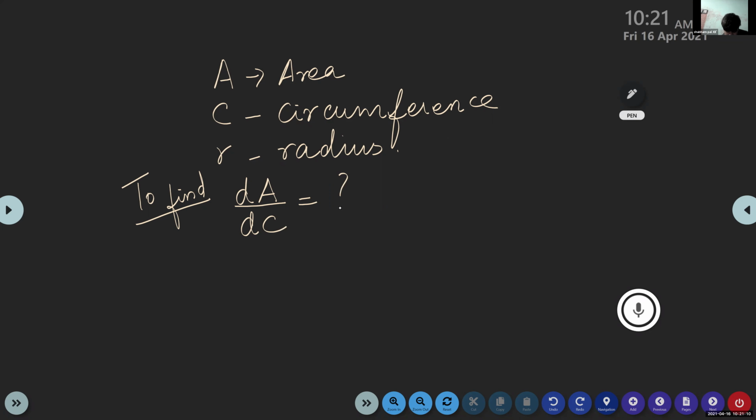So now, what is A for a circular disc? Area is pi r square. And what about circumference? It is 2 pi r.